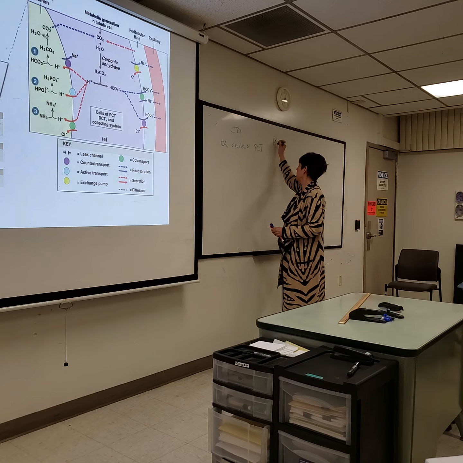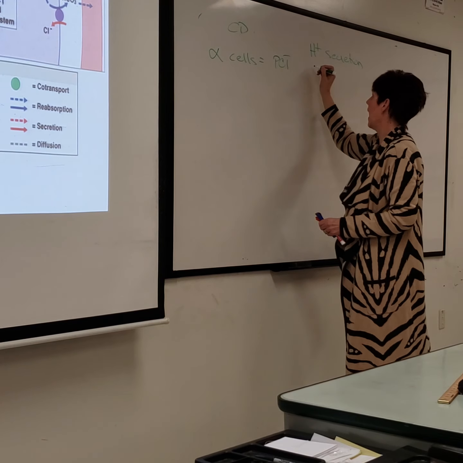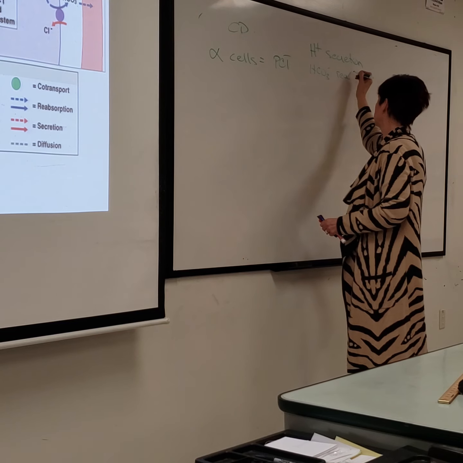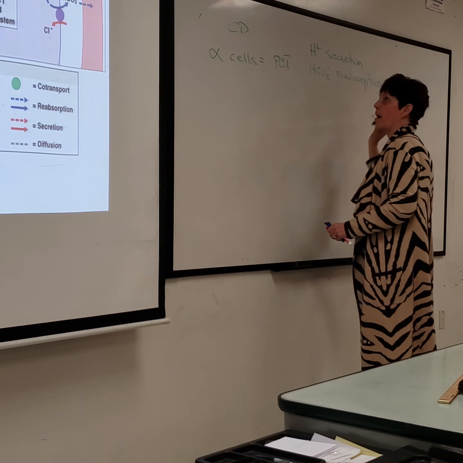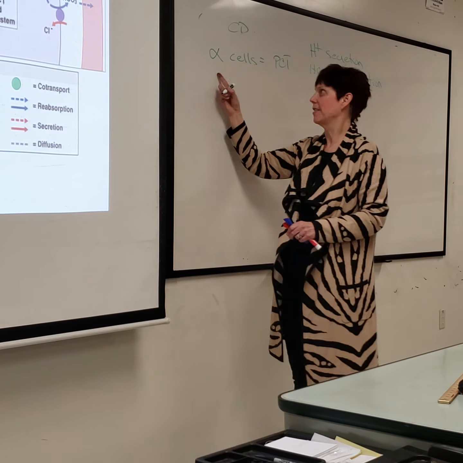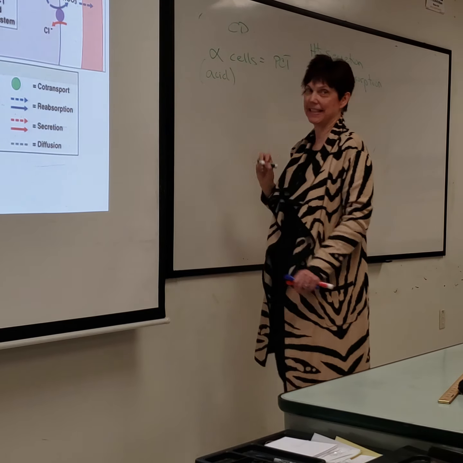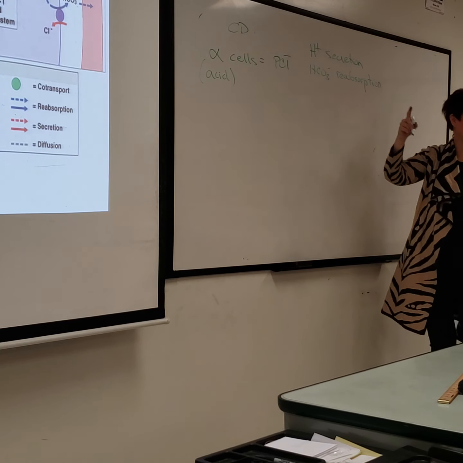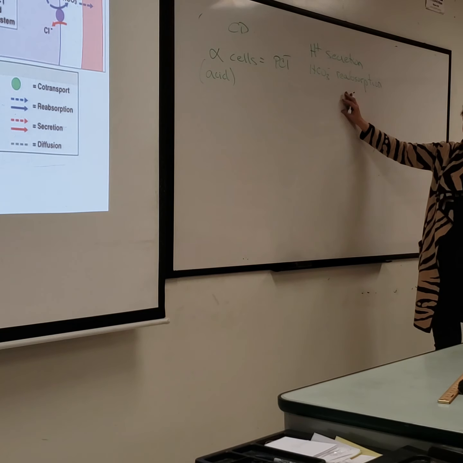Hydrogen ion secretion and bicarb reabsorption. And I'm all for memory aids. So think of alpha A for acid. Okay? So under acidic conditions, the alpha cells are active and secrete hydrogen ions and absorb bicarb.